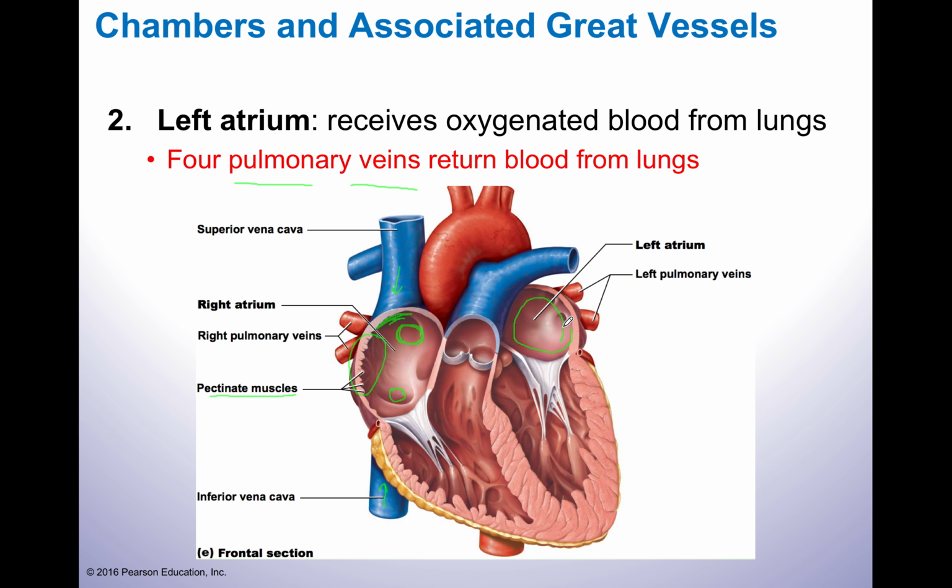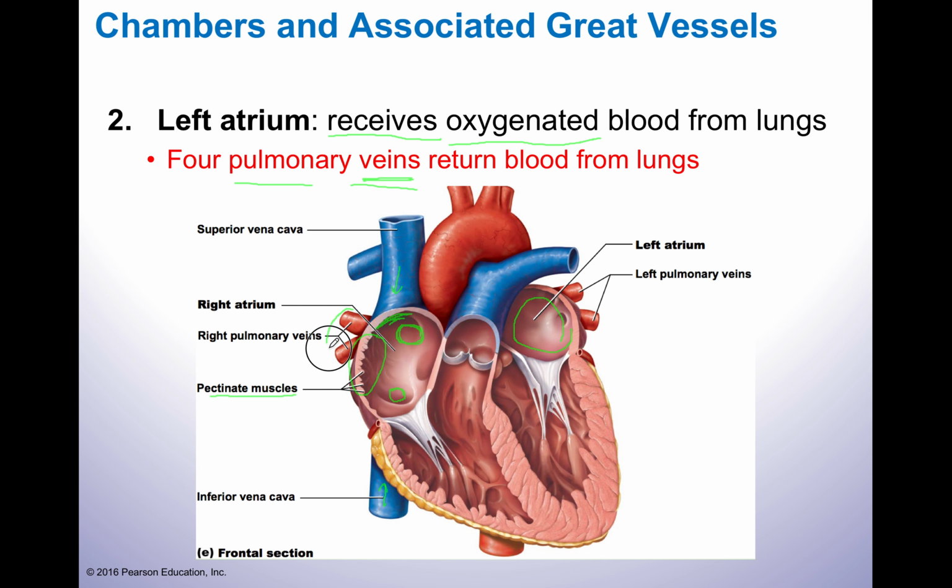Because this is an atrium, it means it's receiving blood, and because it's left, that blood is going to be oxygenated. So it's coming from the pulmonary circulation, and because it's coming back to the heart, we use the word vein. There's a total of four veins.